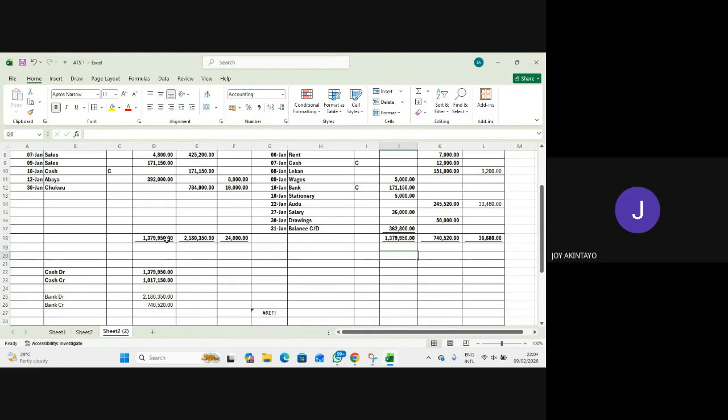Just rewrite your total to also be on the credit side. Do you understand?